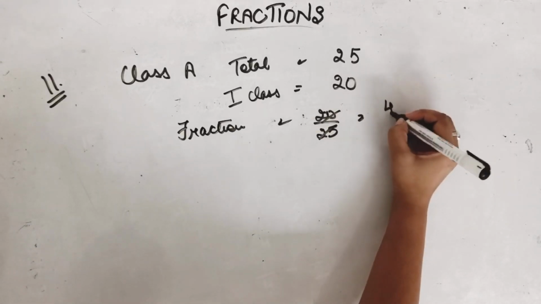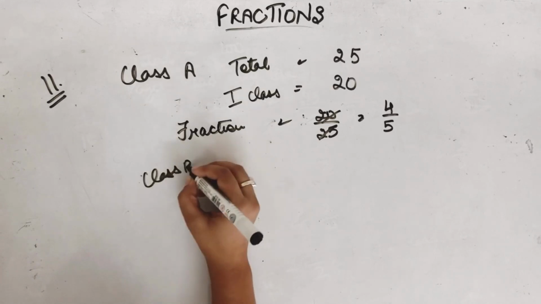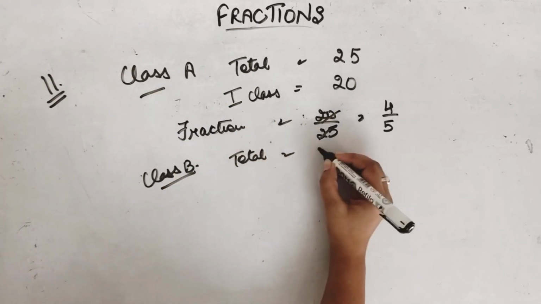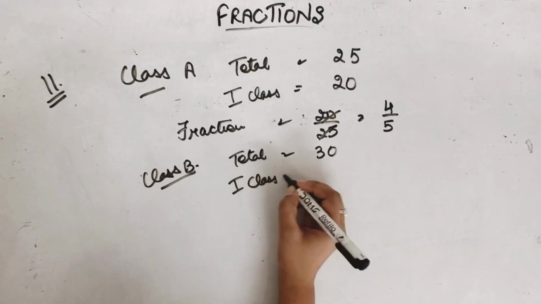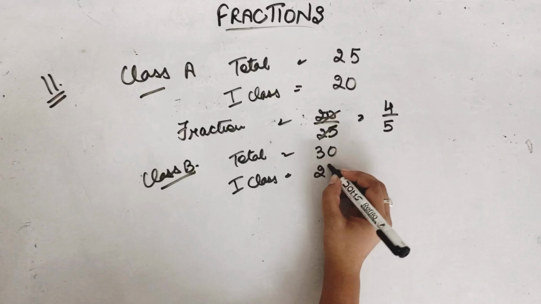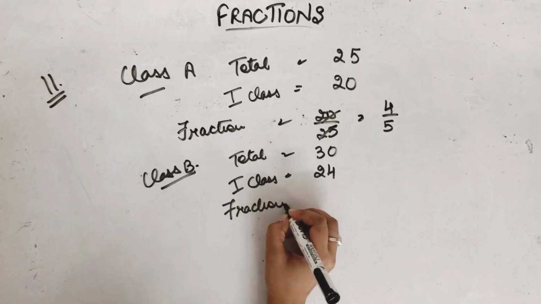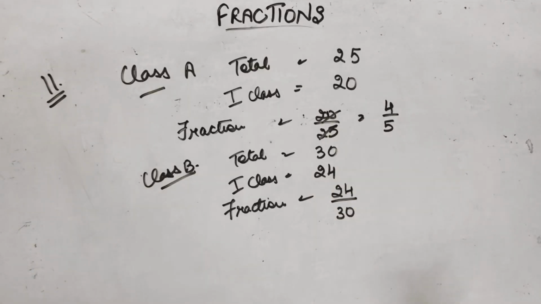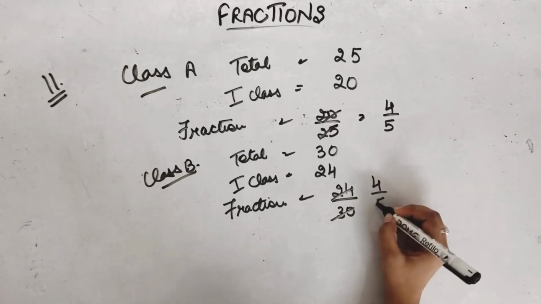After simplifying, it will be 4 upon 5. For class B, total number of students is 30 and students passing in first class are 24. So the fraction will be 24 upon 30. Again simplify this, it will be 4 by 5.